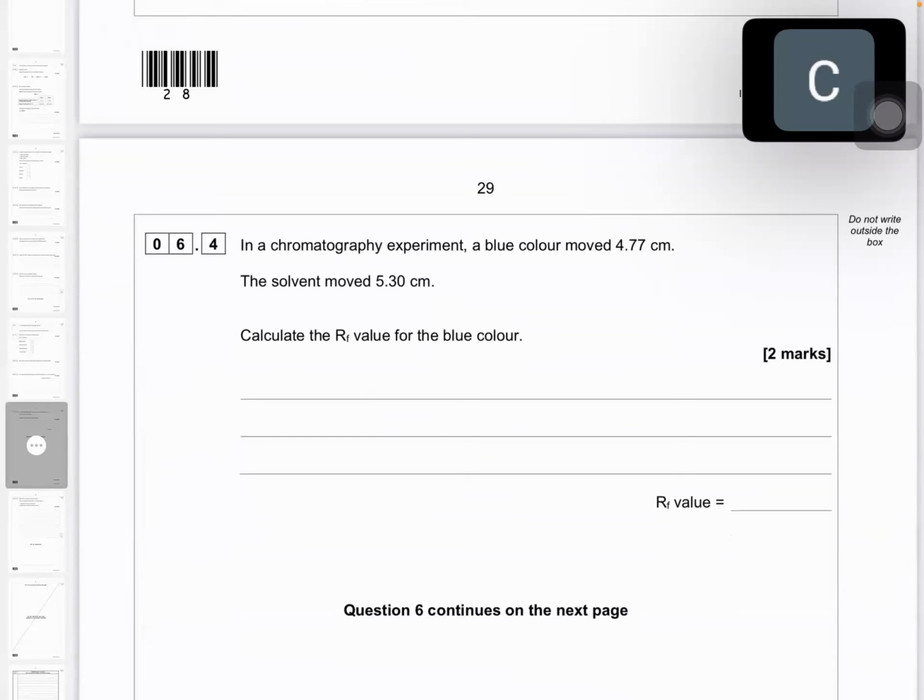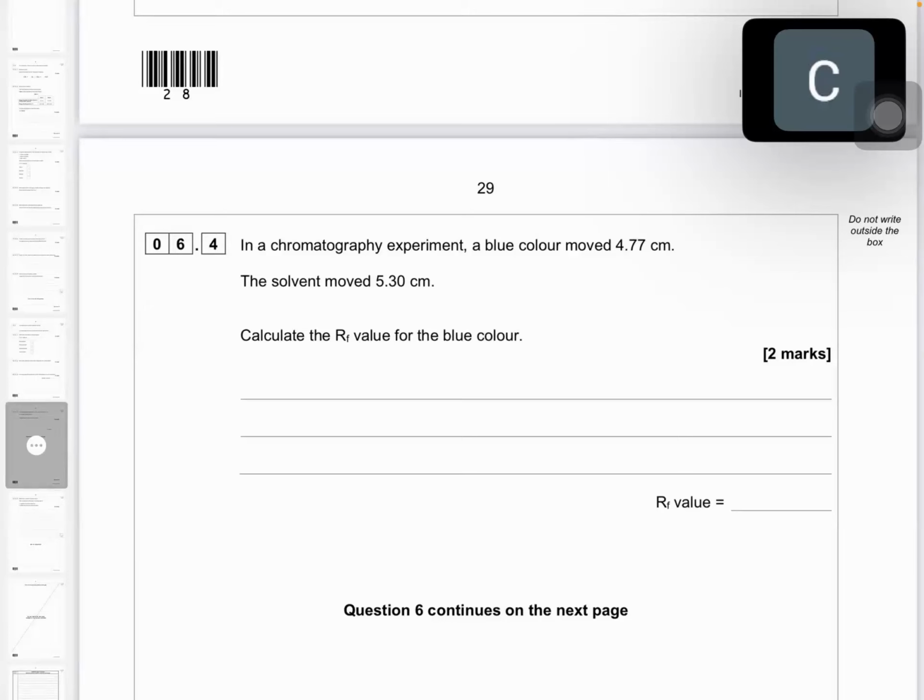Okay. In a chromatography experiment, a blue color moved 4.77 centimeters. The solvent moved 5.30 centimeters. So the solvent moved further than the blue color, right? It says calculate the Rf value of the blue color. Okay. I'm thinking this has to do with some form of subtraction, but I'm not too sure.